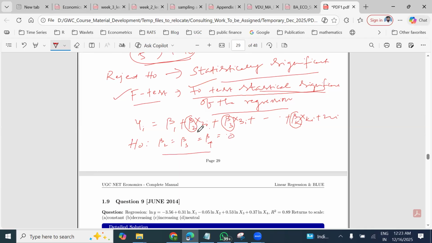When I am saying all these are equal to 0, what does it mean? My regression is nonsense. It means I have estimated a regression model which has no meaning. It is a waste. The model you have estimated is not making any sense. Is it clear?